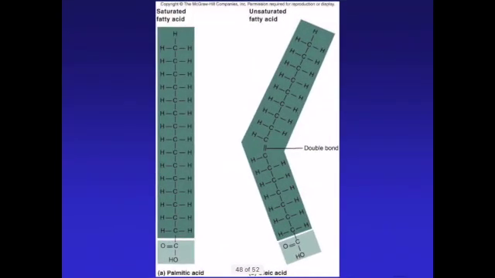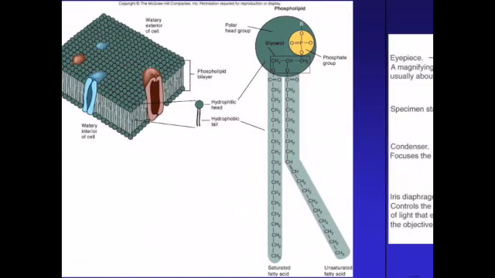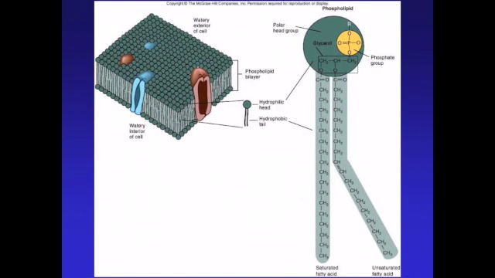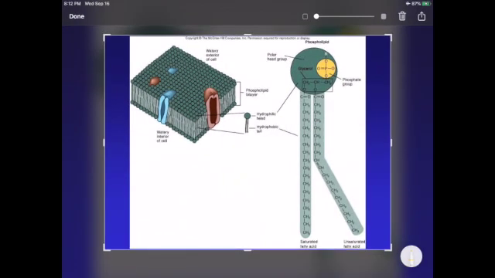Okay, let's catch up and see how far we are. Oh, there we are. All right, so we've got a nice picture of the phospholipid bilayer. I know you already learned about this in Bio 107 or some other biology course, but just briefly, let's say here's the watery interior of the cell.